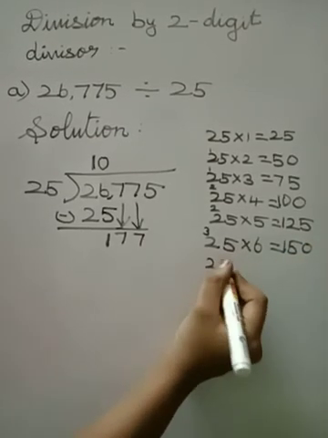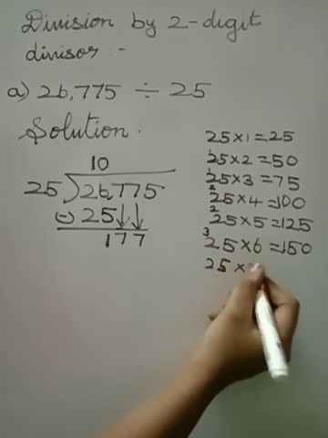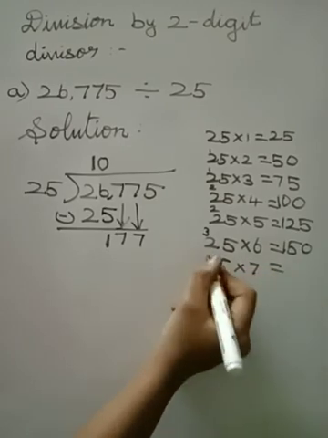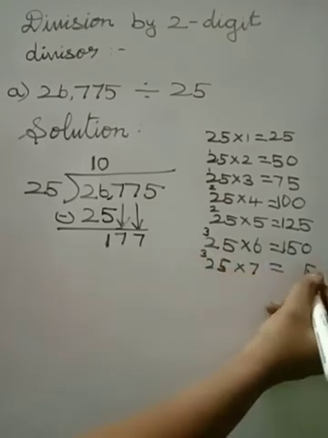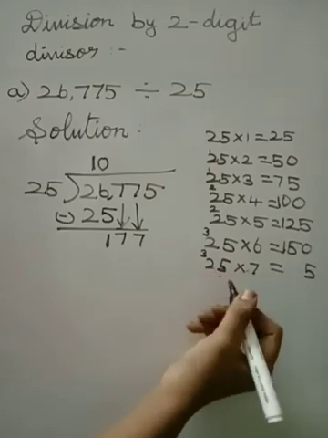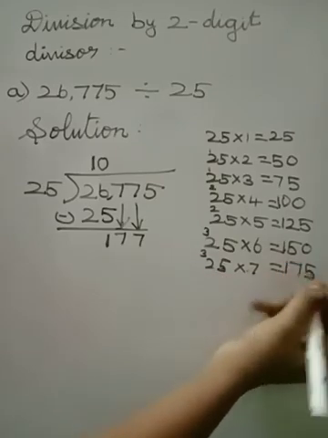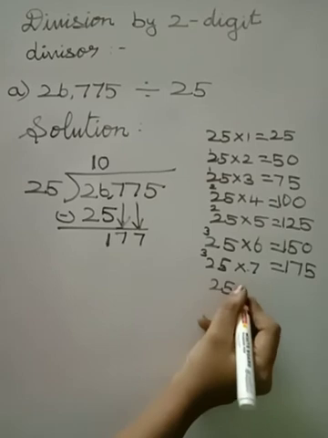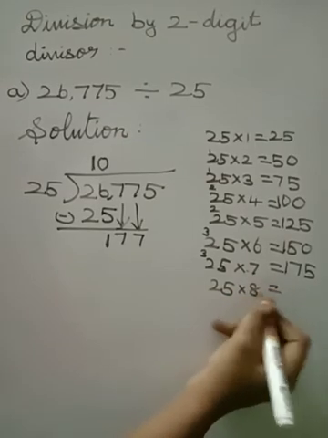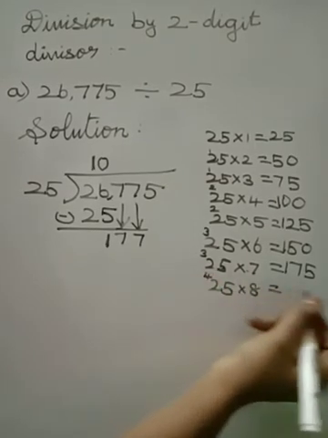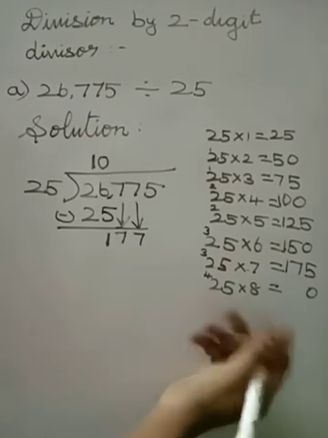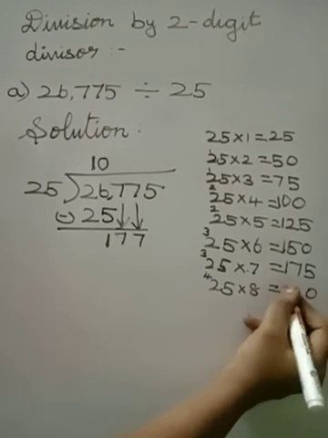And then 25 into 7. 7 fives are 35. 7 twos are 14, 15, 16, 17. 25 into 8. 8 fives are 40, 8 twos are 16, 17, 18, 19, 20.